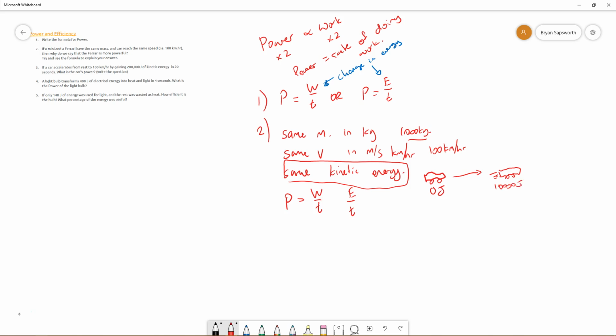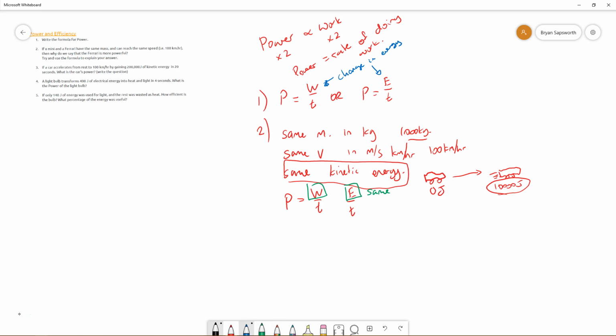That increase in kinetic energy is the amount of work that's been done. Because they both have the same kinetic energy, they've both done the same amount of work or energy. So this value, the energy or the work, is the same for both.